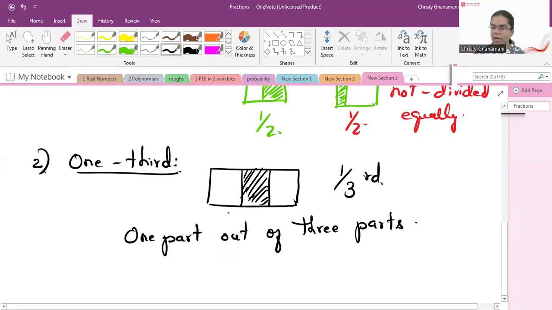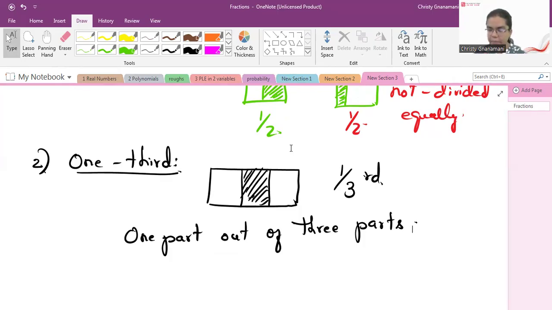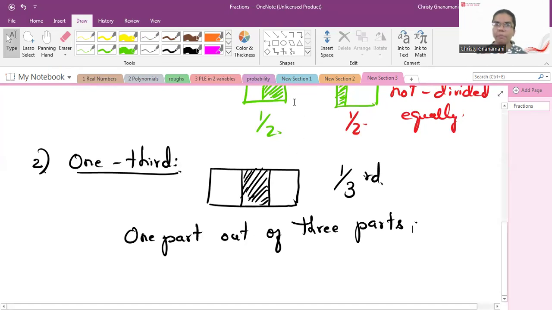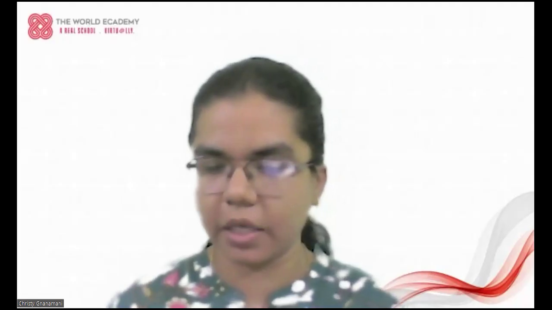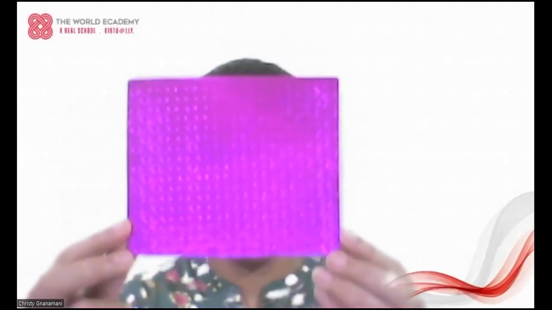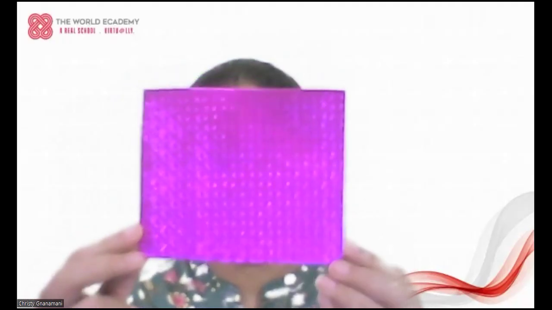Right. Okay. So now I've got some figures, and we'll try to divide the figure into three equal parts. One second. So see here, I've got a rectangle. Okay. So let's divide this rectangle into three equal parts.